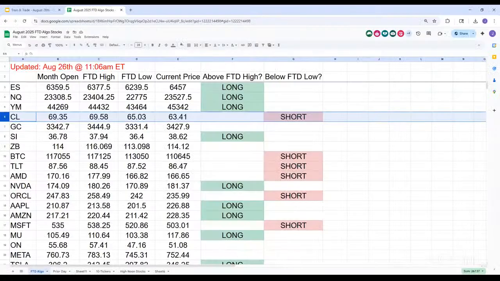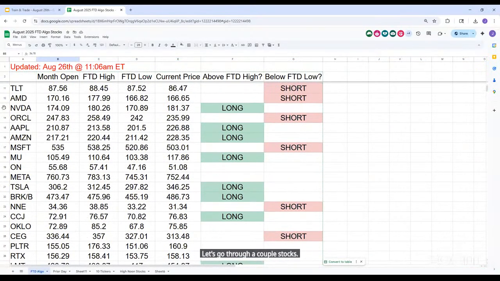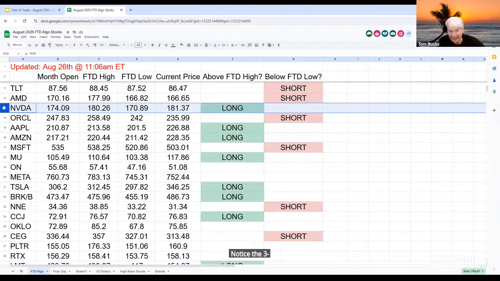You should be able to see the spreadsheet once again. Let's go through a couple of stocks. NVIDIA, of course, has earnings after the close. Notice the 3-day high is 180. Notice the 5-day high is 81.92. And we're trading 81.18 right now. So we're pushing the highs of NVIDIA.